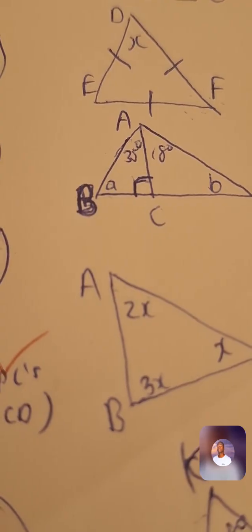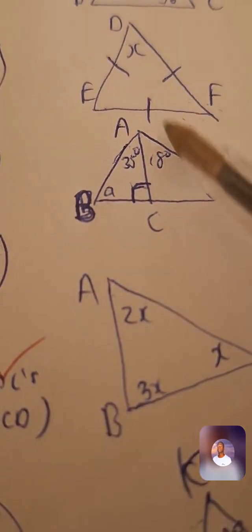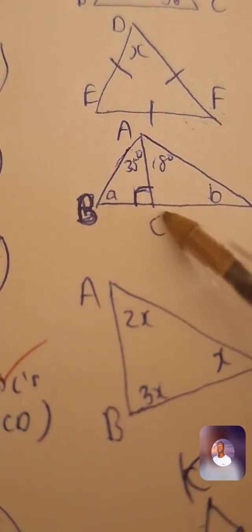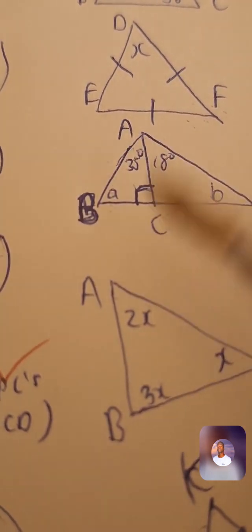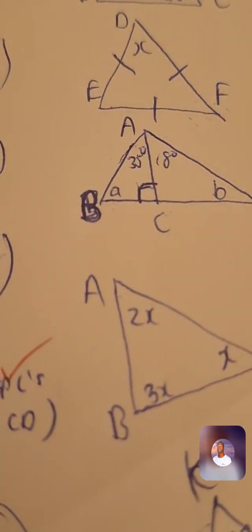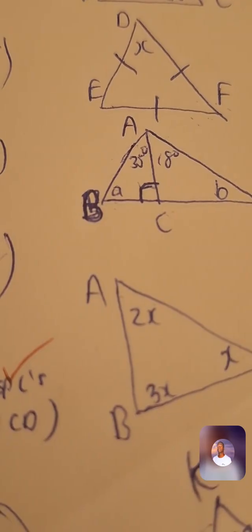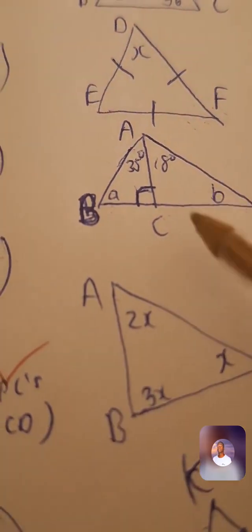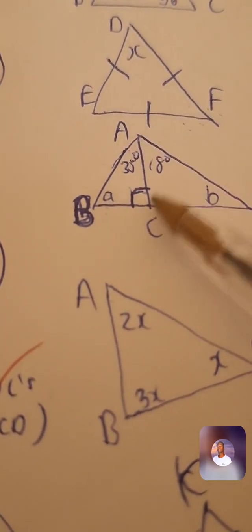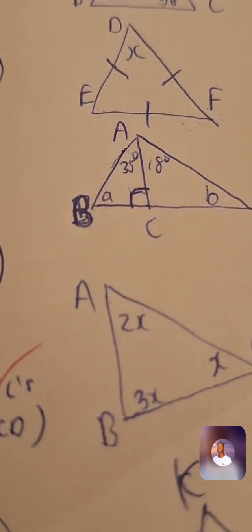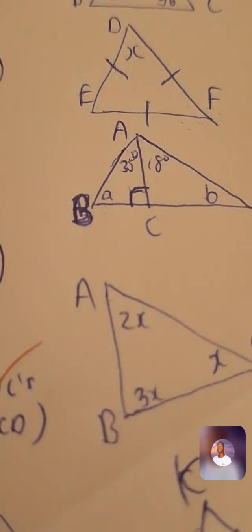Okay, let me just follow you there. You said angle A plus angle B plus angle C is 180 degrees. Yes. So you are specifically looking at triangle ABC. So angle A plus angle B plus angle C is 180. And then you said the reason is sum of angles in a triangle.